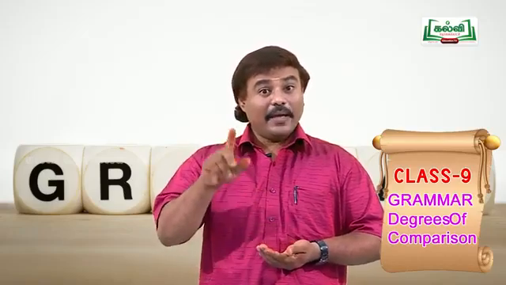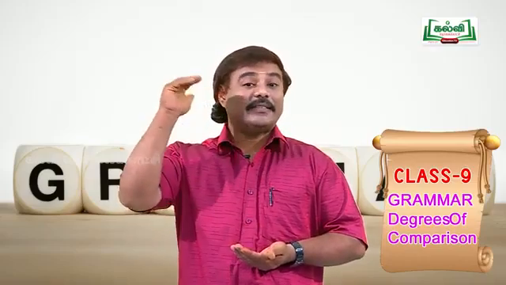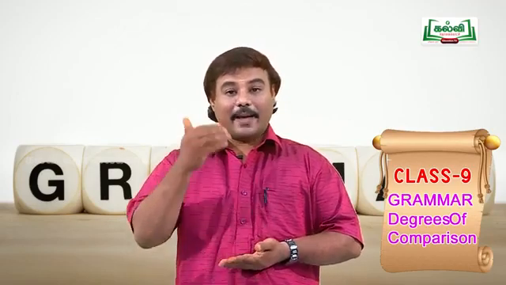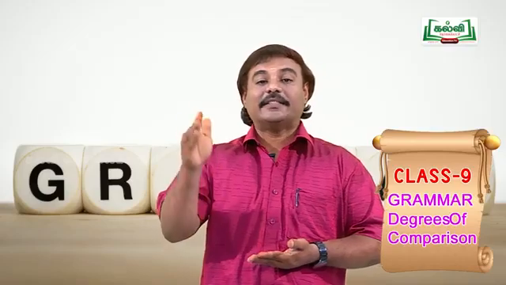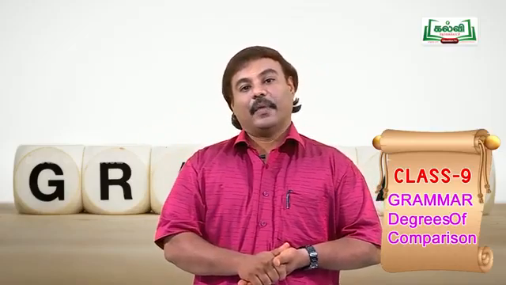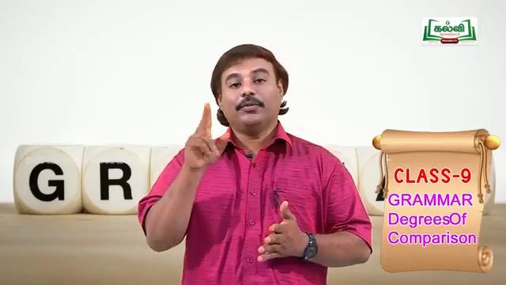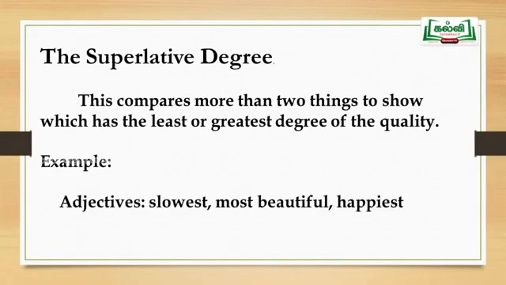So, Ram is compared to all the boys in the class. That means it is the greatest degree of the quality. Again I am recapitulating. Positive degree says about the existence of the quality. Comparative degree shows the comparison of 2 things or 2 persons. Superlative degree has the greatest degree of the quality.